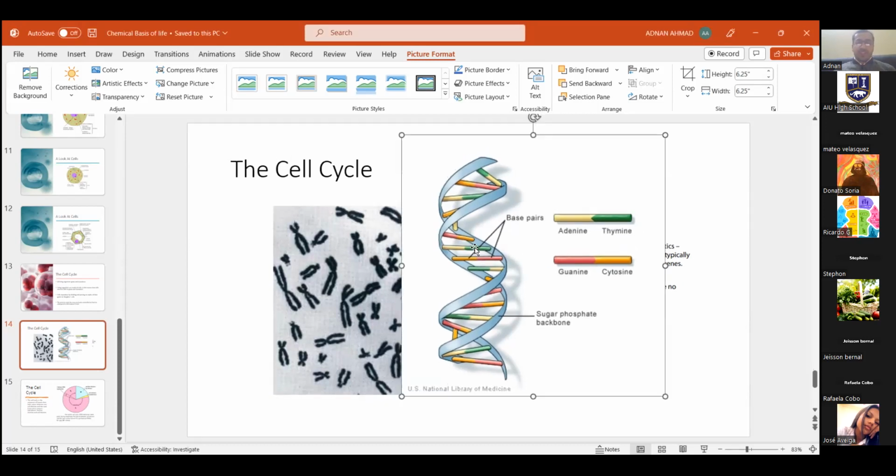Your characteristics, your skin color, your eye color, whether you have straight hair or curly hair, all of these come from DNA. If you have straight hair, a protein is producing straight hair. If your brother or sister has curly hair, a protein is producing curly hair.